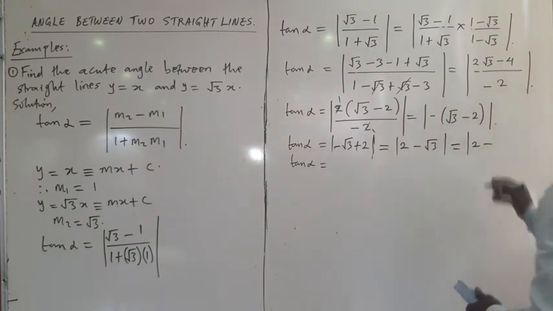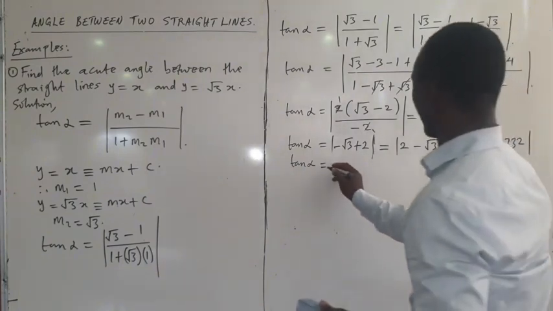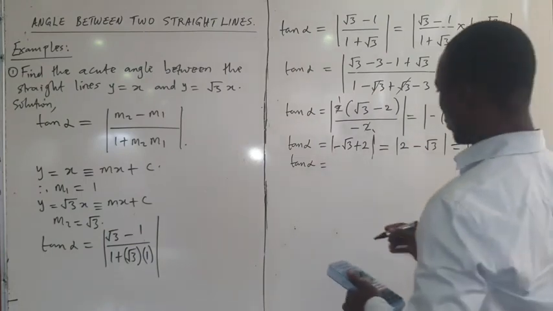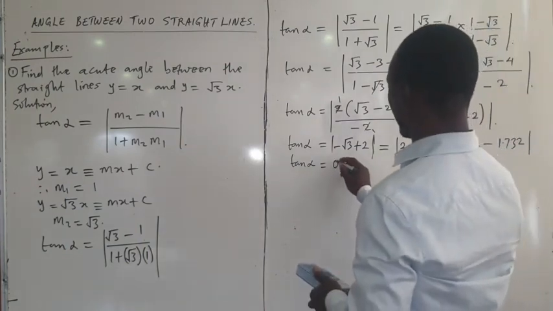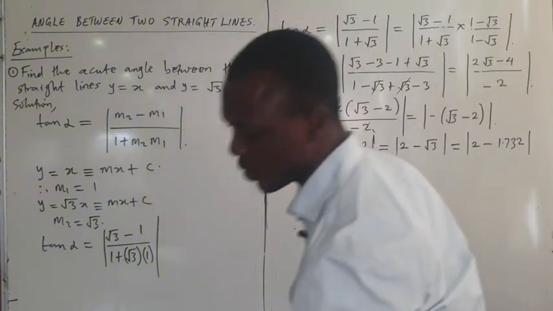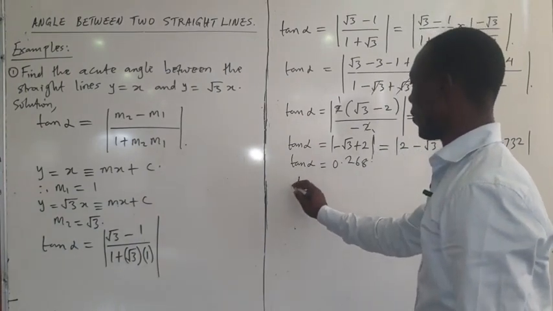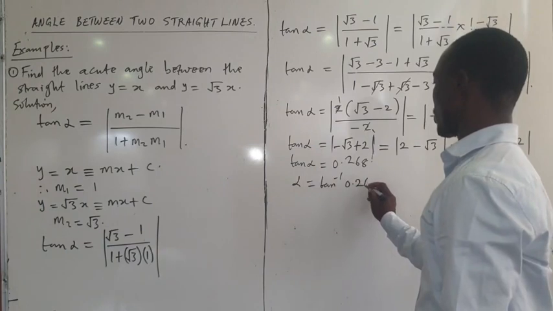Square root of 3 is 1.732. So tan alpha is 2 minus 1.732, and the answer is 0.268. So we now look for the tan inverse of 0.268, so alpha equals tan inverse of 0.268.